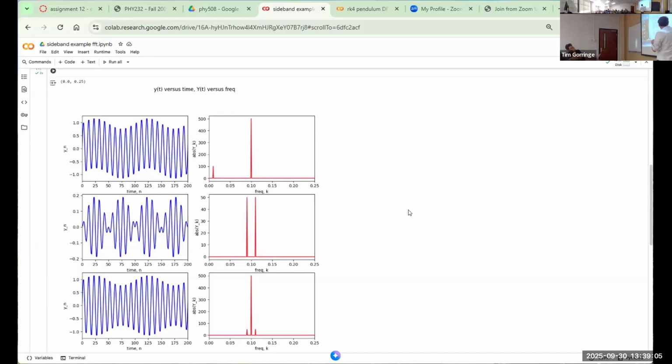Most clearly here, these two frequencies, when we multiply the two sine waves together, are not the high frequency and not the low frequency. They're the high frequency plus the low frequency, and the high frequency minus the low frequency. So that's why we call them sidebands. It's like omega 0 plus and minus omega 1 are the two sidebands. And so that's what you're seeing in this data here.